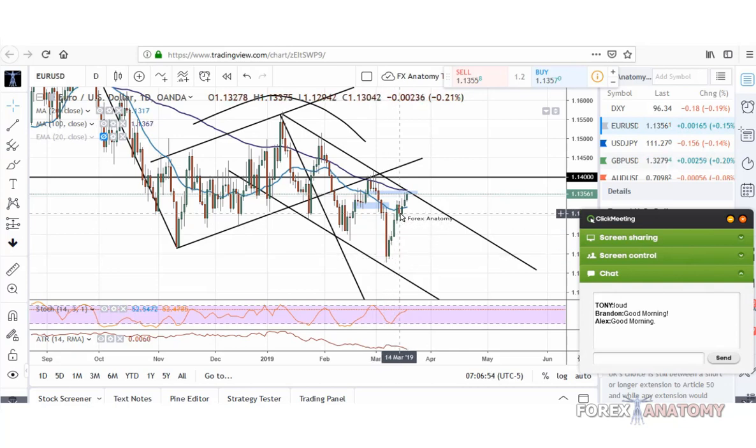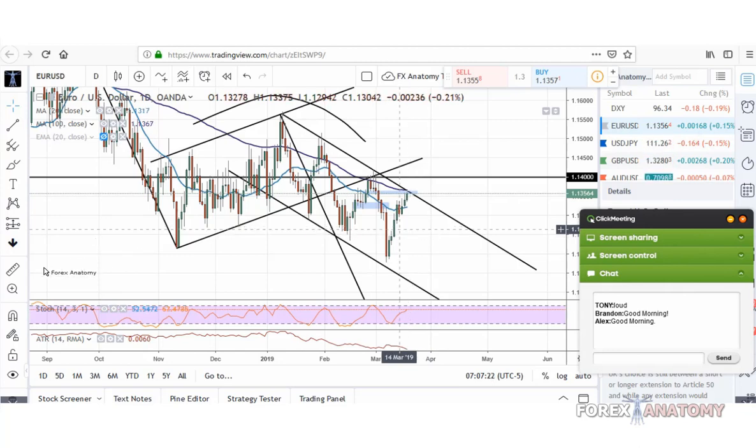And right now, price is currently testing our daily descending channel resistance. This black line represents the descending channel resistance, and it may find some resistance in this particular area. However, we don't know. Price still appears to be looking bullish on the Euro USD, and we may get a break to the upside.